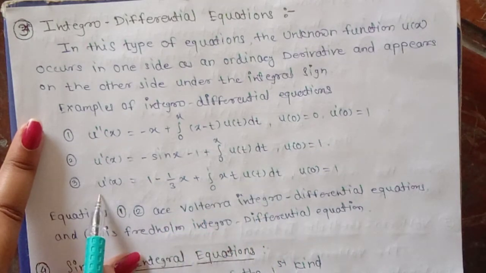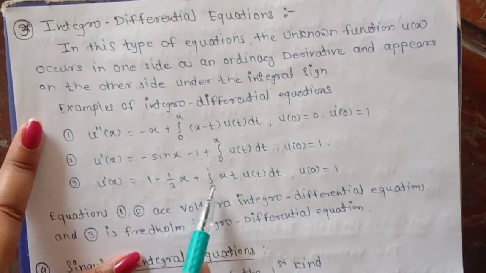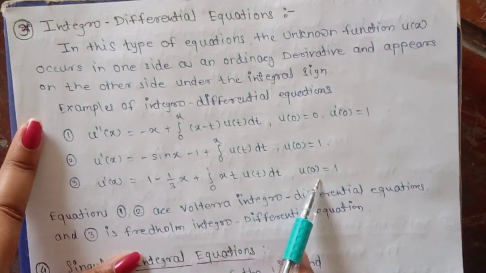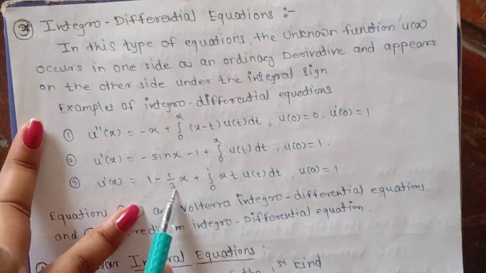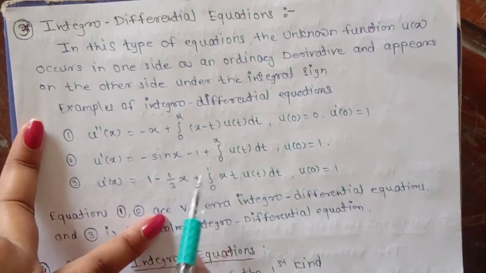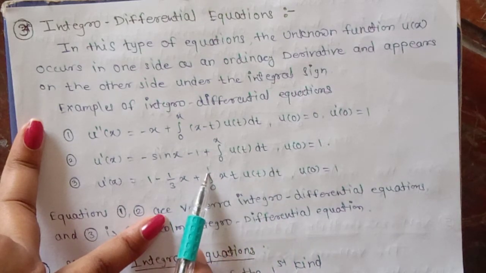Now the third example is u dash of x is equal to 1 minus 1 by 3 x plus integration 0 to 1 of x t u of t dt, with the initial condition u of 0 is equal to 1. In this equation also, on one side the first derivative is taken, and on the other side the unknown function u of t appears under the integral sign.